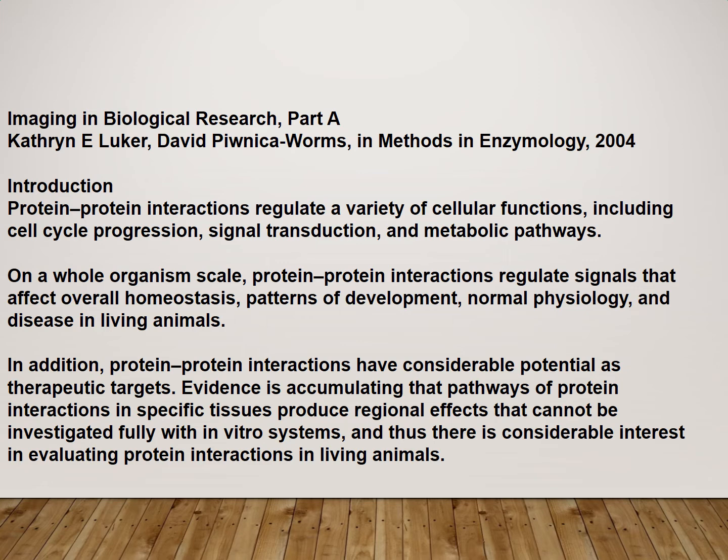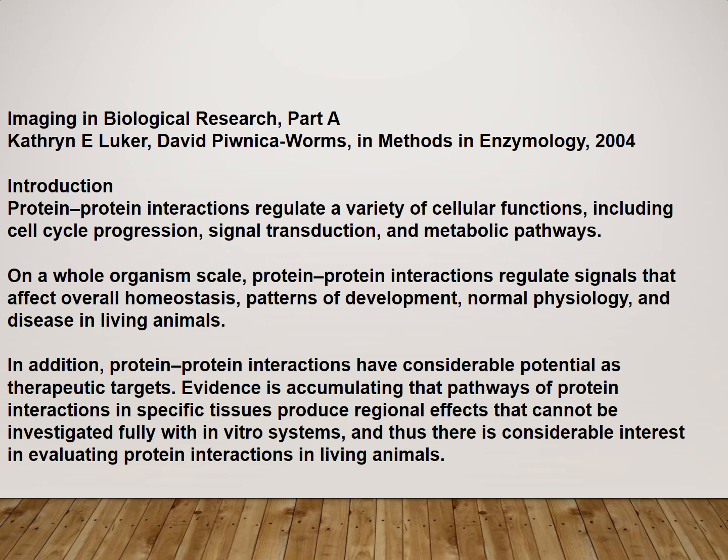So in the big organismal scale, these interactions that we're going to study regulate signals that affect the body's homeostasis. If we're developing a fetus, we just went through fertilization, then different cells had to morph into differentiated cells, and you get a pattern of development, right?